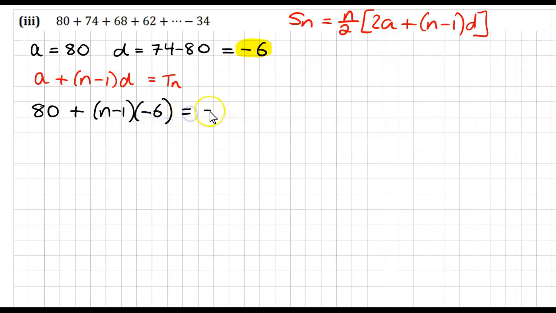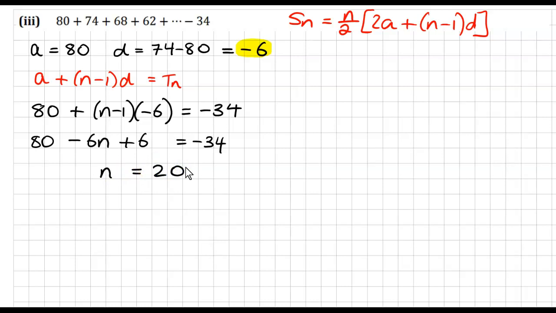Be very careful there, and it's also negative 34. So we have 80 minus 6n plus 6 equals minus 34. Then when we work this out, we'll get that n is equal to 20.